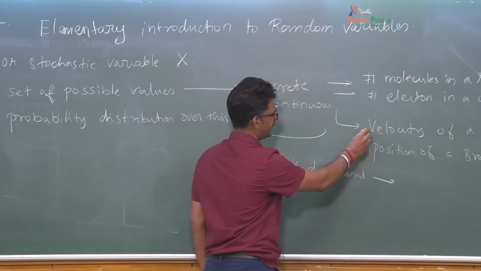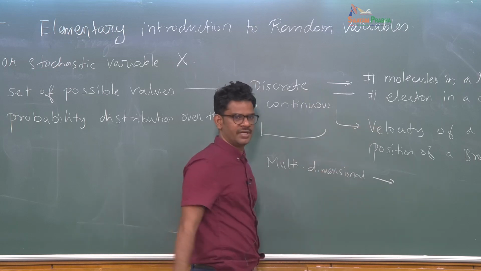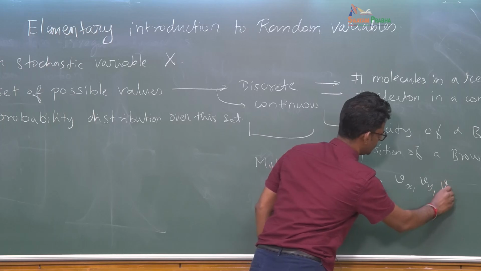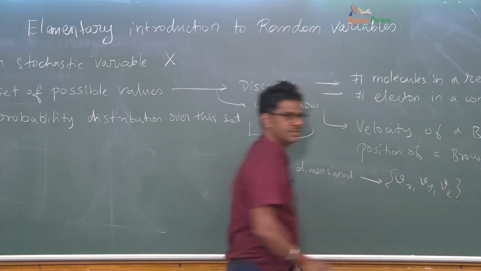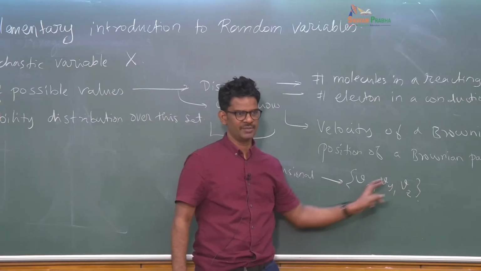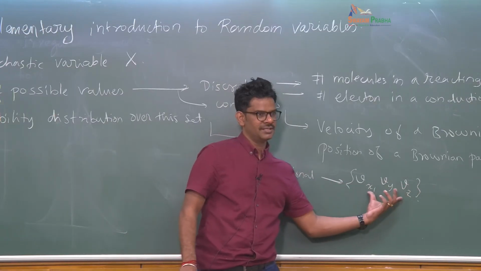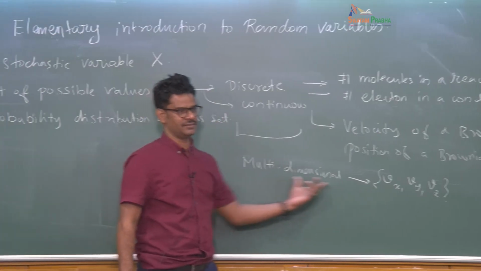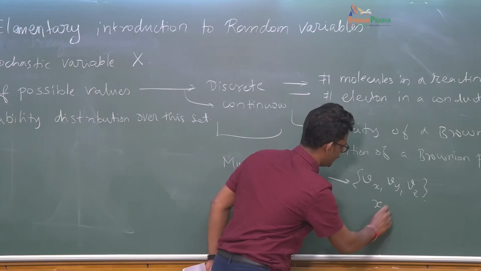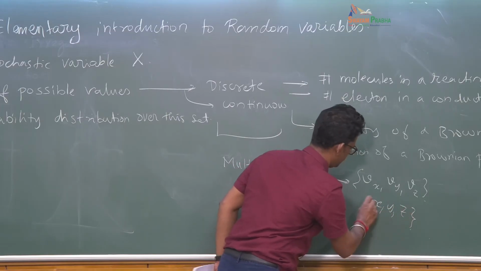So for example, if I take this continuous variable, I can say Vx, Vy and Vz. Each of them is a continuous random variable, and the set can be multidimensional. Similarly, if you want to specify the x, y, z coordinates, that is also fine.